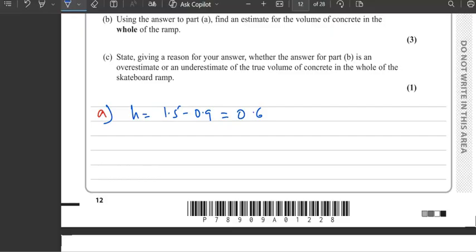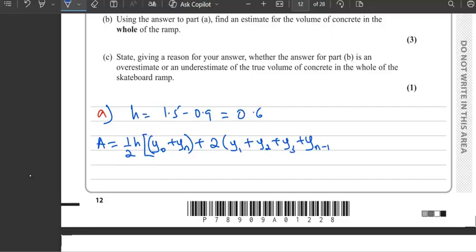And we know by the trapezium rule the area is given as a half multiplied by h, open the bracket, the sum of the endpoints, that is y0 plus yn, then plus 2 times y1, the middle values, y2, y3 plus yn minus 1.